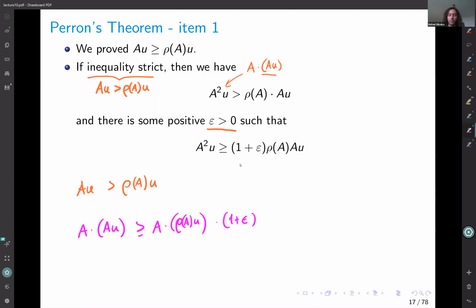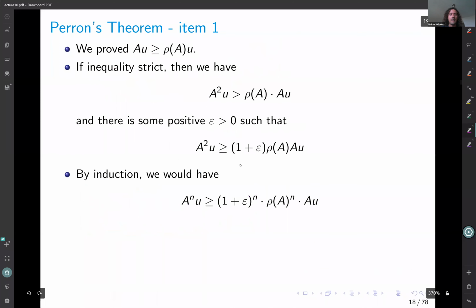Okay, but now if you notice, by induction, what can we say? By induction, we can just prove that A to the n plus 1 times u is greater than or equal to (1 plus epsilon) to the n times rho of A to the n times A times u.